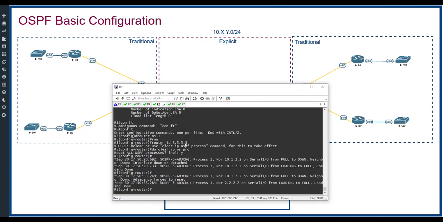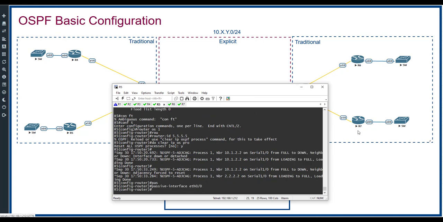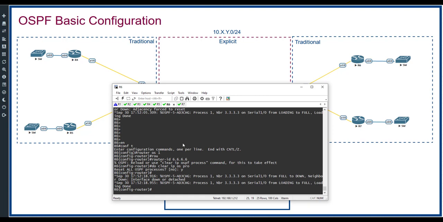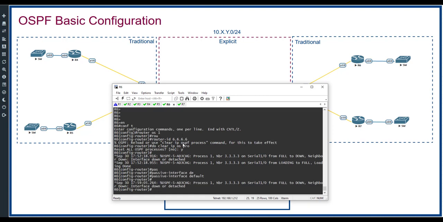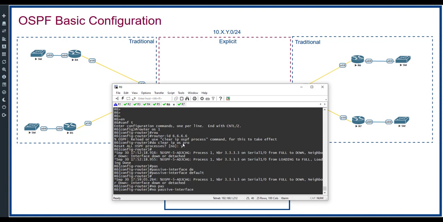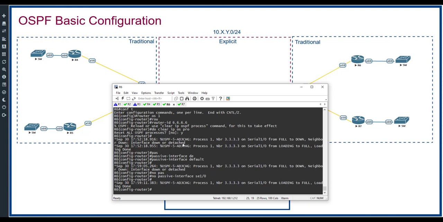This is the R5 passive interface Eth0/0. And in router 6 and router 7, let me use the next method, passive-interface default. Now all interfaces are passive. Then no passive-interface serial 1/0. Serial 1/0 is not passive because we are sending hello on that interface, and also accepting hello on it.